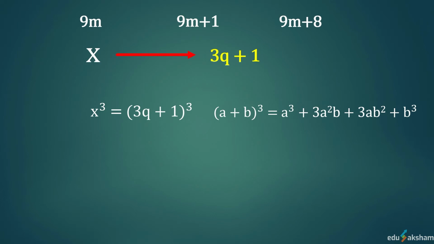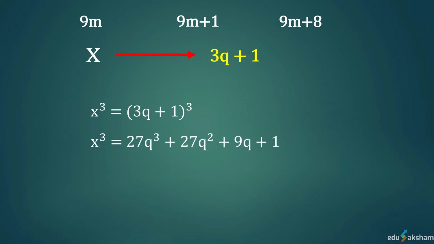By using this expansion formula, 3q plus 1 whole cube can be written as 27q cube plus 27q square plus 9q plus 1.